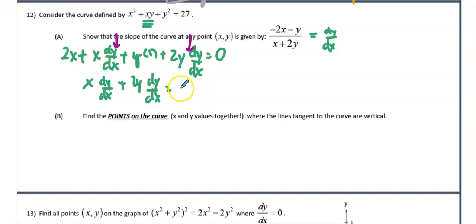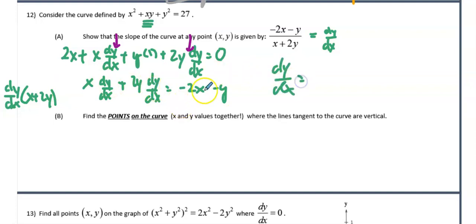So then I'm going to move over the negative 2x and then minus y. And then I'm going to undistribute, right? So over here, I'm going to do a little side note for this. I'm going to undistribute my dy/dx, so I'm left with x plus 2y. So if I would distribute this back in, I would get this back. And so finally, dy/dx is equal to, right here, our negative 2x minus y, all over what we've undistributed, which is going to be x plus 2y.